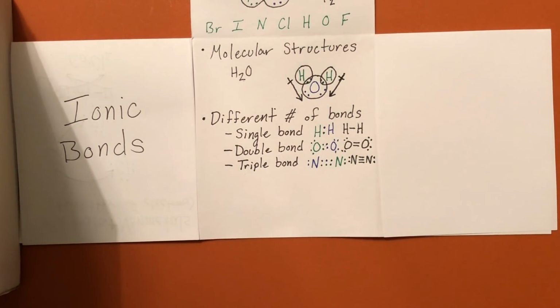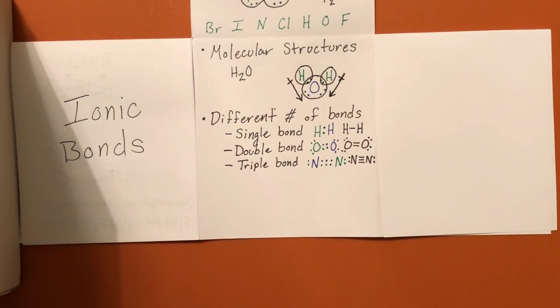Now, because we can have so many of these different bonds, and because these electrons are being shared, it's okay for these electrons to shift around a lot. And because these electrons are shifting around, it doesn't require a lot of energy to move them. We talked about energy also being in the form of heat.